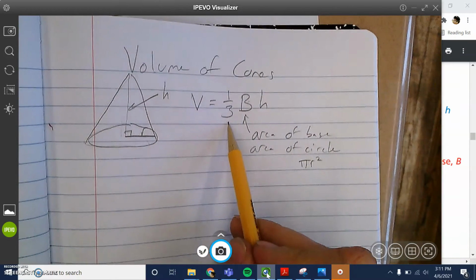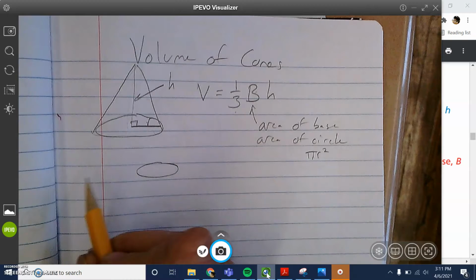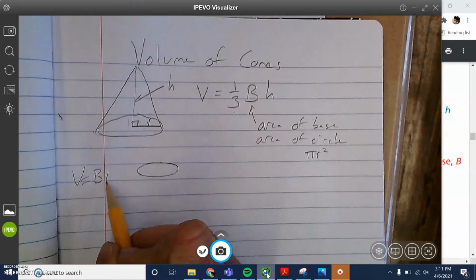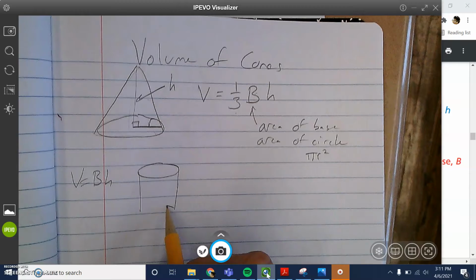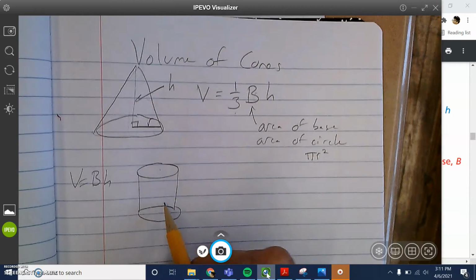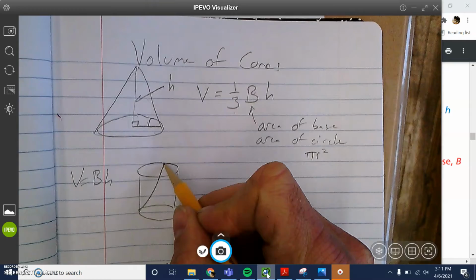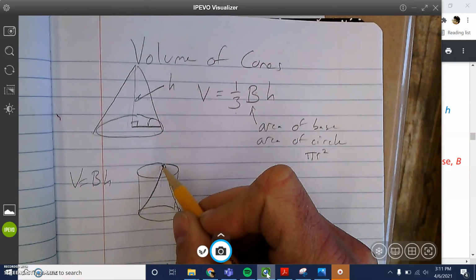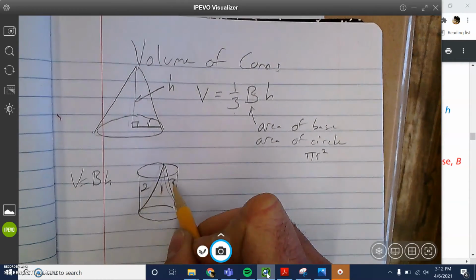But the new thing is this 1/3. What is that 1/3? Well, if it was just volume equals base times height, that would be the same as a cylinder, right? Because we already learned that, that's area of the base times the height. But if you look at it like this, so here's your cone, that's 1, 2, 3 pieces.